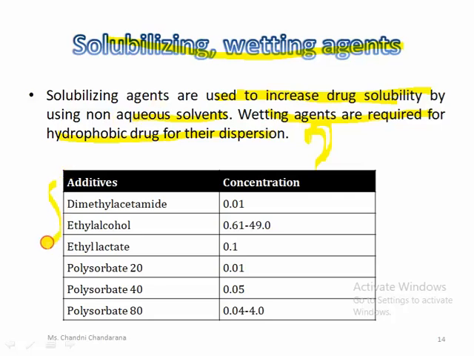These are additives used as solubilizing as well as wetting agents, like dimethyl acetamide, ethyl alcohol, ethyl lactate, polysorbate 20, 80, 40, used in this concentration range.